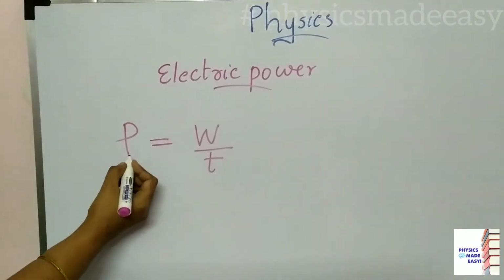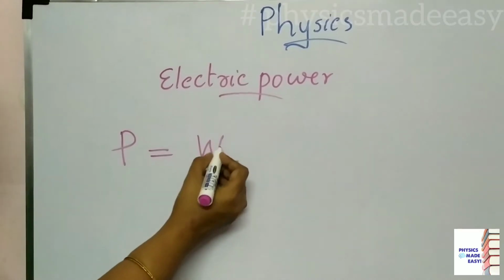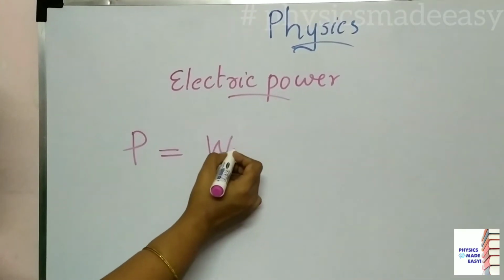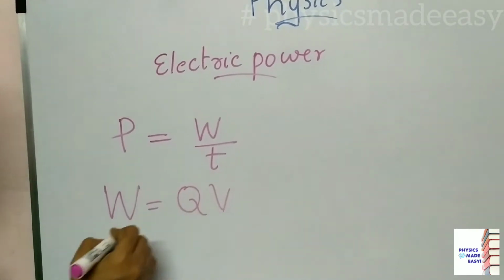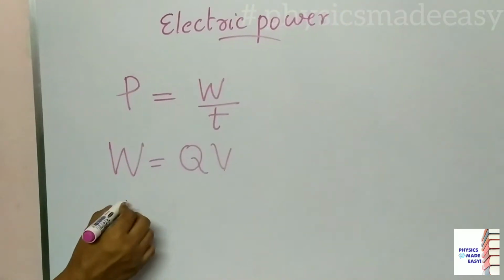Here you can see the equation P is equal to W divided by T. In this case you know work done is equal to Q into V. Now we can write this QV in the numerator.